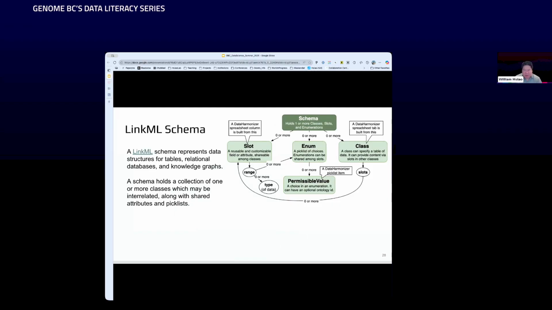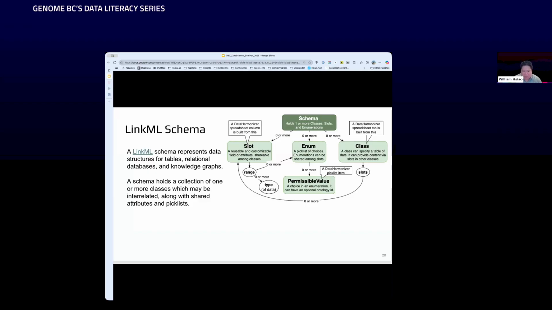So a LinkML schema, we will probably not go into the detail here, but it represents the data structure for tables, relational databases, and also knowledge graphs. So it's robust enough to represent data structures of different complexity, from a flat table to a database to a knowledge graph.